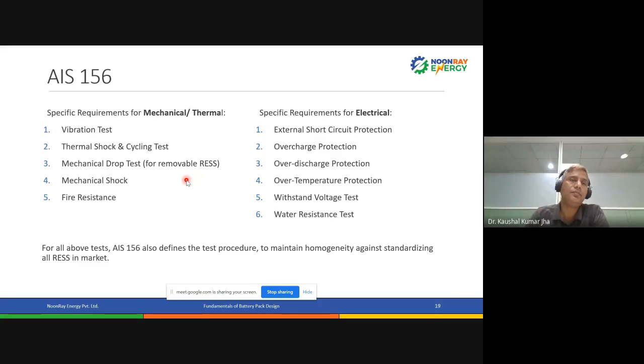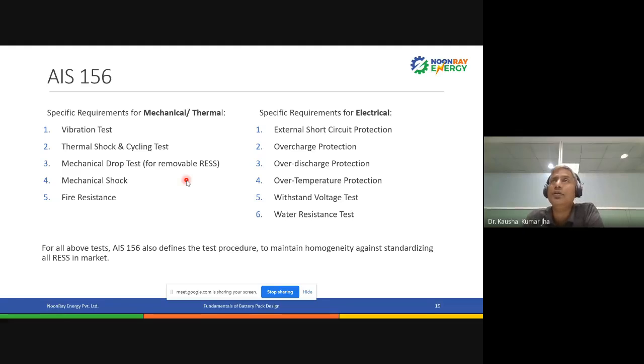If you say AIS 156, what are the requirements? Specific requirements: vibration test, thermal shocks and cycling, mechanical drop tests, mechanical shock, fire resistance, and specifically for electricals, short circuit, overcharge, over discharge, over temperature, withstand voltage, and water resistance. For all the above tests, AIS 156 has a nice definition.